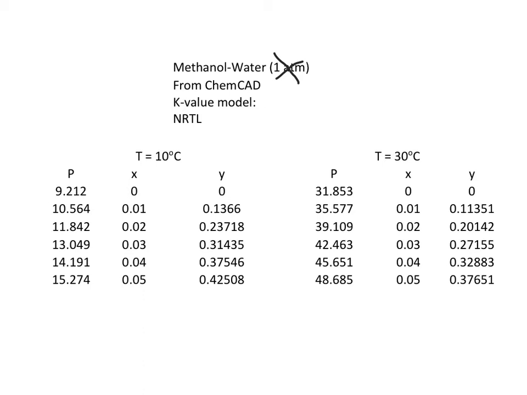And you see here I have pressure, liquid phase composition mole fraction, and vapor phase mole fraction at 10 degrees C, which I use for absorption, and at 30 degrees C, which I'll use for stripping examples. This is just a selection of the data. It actually goes beyond 0.05 all the way to mole fraction of 1.